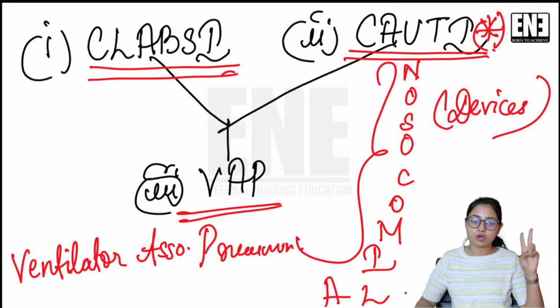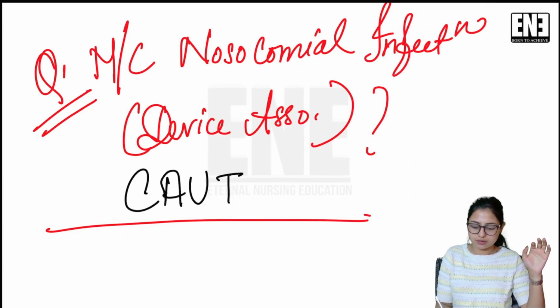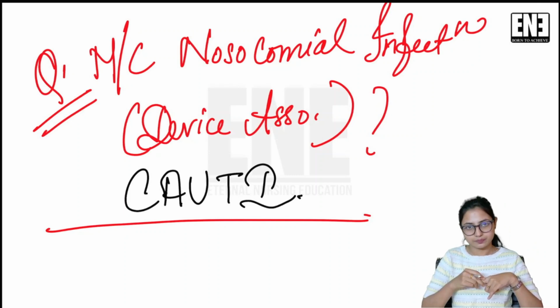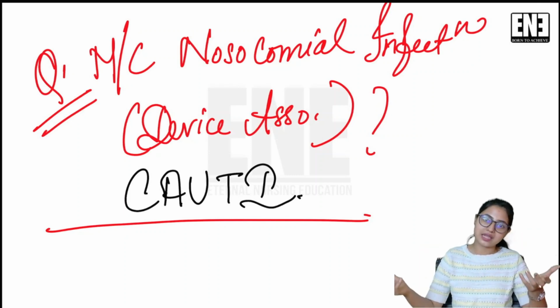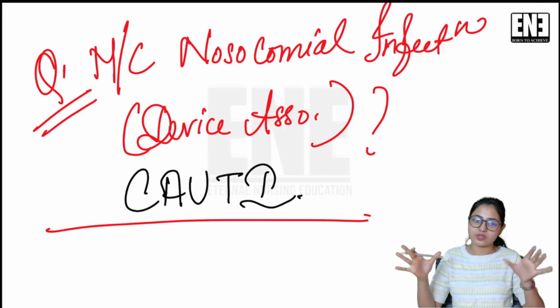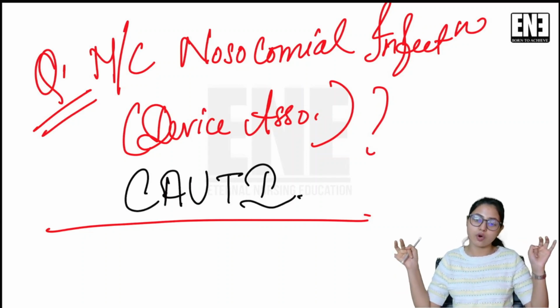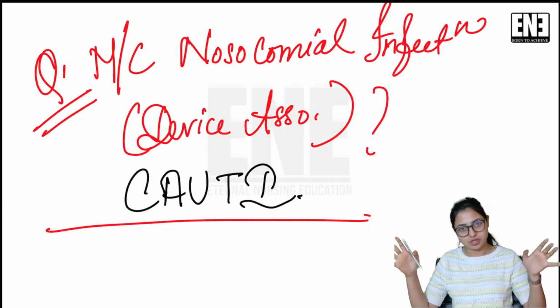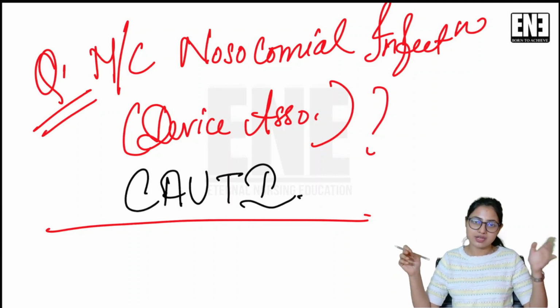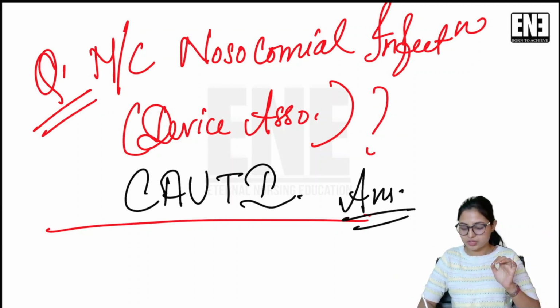Clapshi, CAUTI, or VAP? The answer is confidently CAUTI, because catheterization happens in every second patient. So it is quite common. The most common nosocomial infection associated with devices is your CAUTI, that is, catheter associated urinary tract infection. This you need to understand.